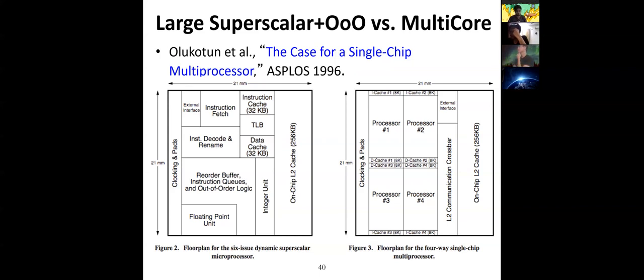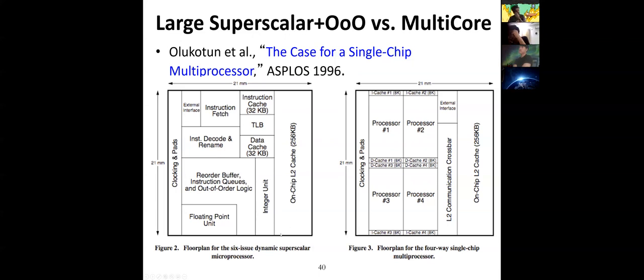This is why the value of academia is to look at problems before industry faces them. So Kunle looked at that problem back then, and he shows here a floor plan of the two chips. One chip is this big fat out of order core, and you see things like instruction fetch, instruction decode and rename. And this is the thing I talked about, the reorder buffer with instruction queues and out of order logic, the biggest part, right?